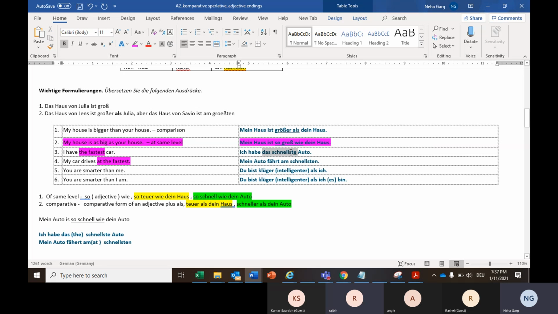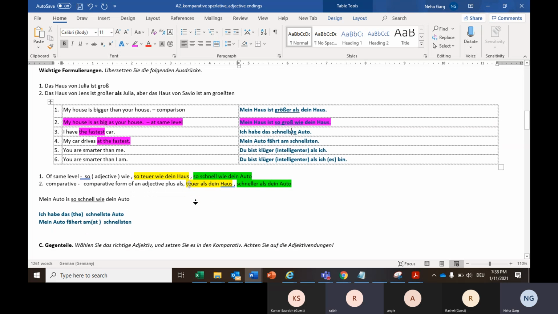But this is not the superlative form. Das schnellste Auto is not the superlative form of schnell. This is the adjective form along with the adjective ending. Is this clear? Yes. Okay.